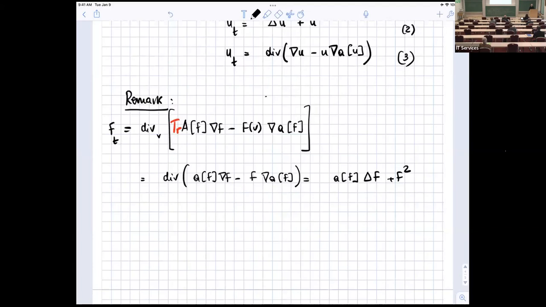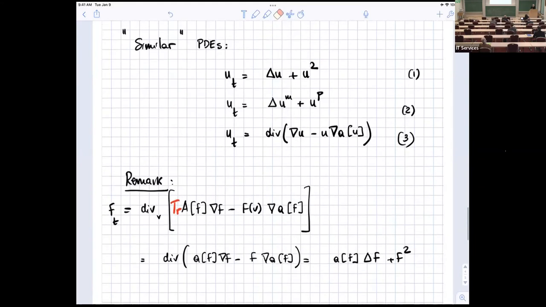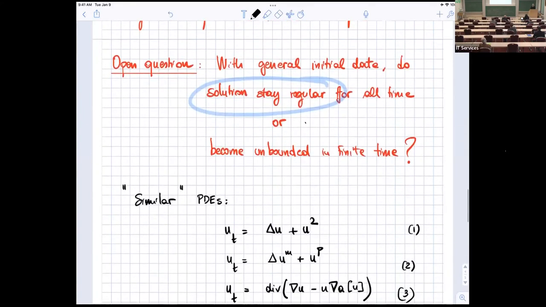But because of all these hints, I think the mathematical community is now more into trying to show that solutions stay bounded rather than trying to show that there is blow up.